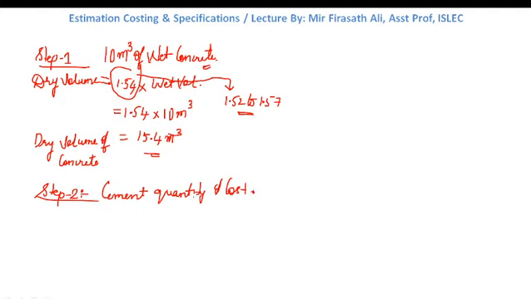So what is our ratio? 1:1.5:3. What is the part of our cement? 1 part of the cement. So 1 by 1 plus 1.5 plus 3 into the volume.